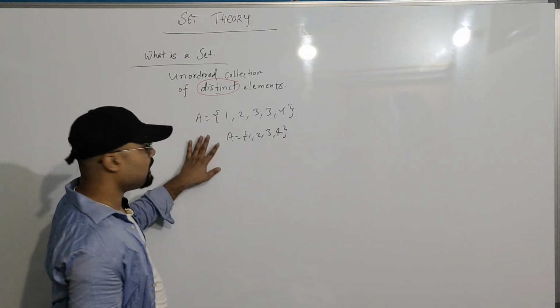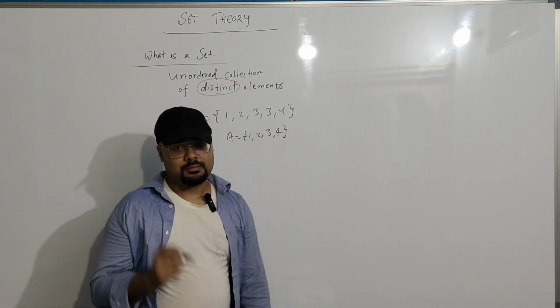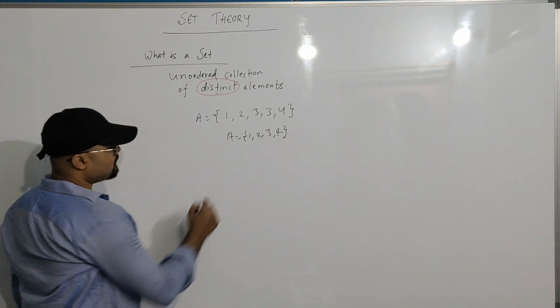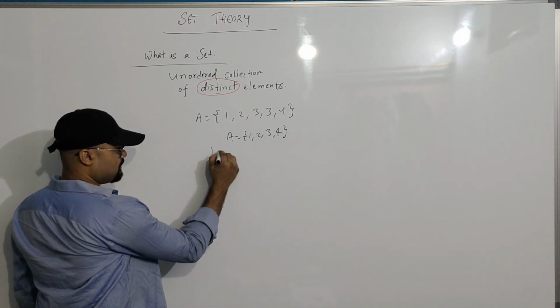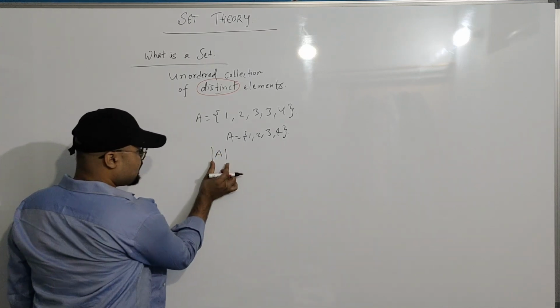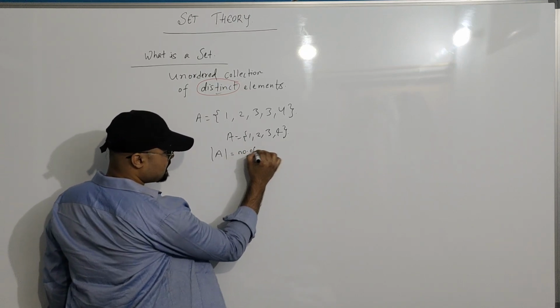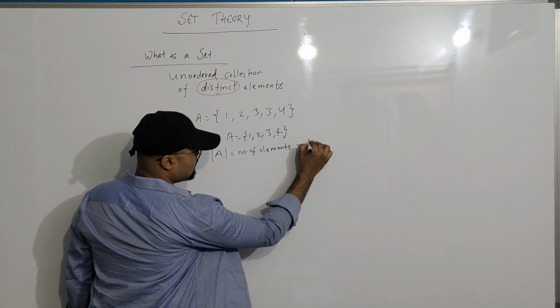So cardinality of A. What is cardinality of a set? Cardinality of the set is the number of elements in the set. Cardinality is represented like this. So this means cardinality of the set, which is equal to the number of elements in the set.